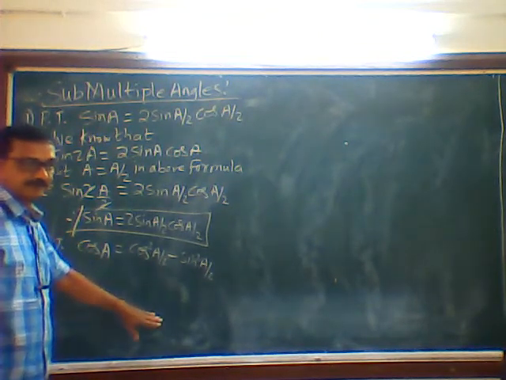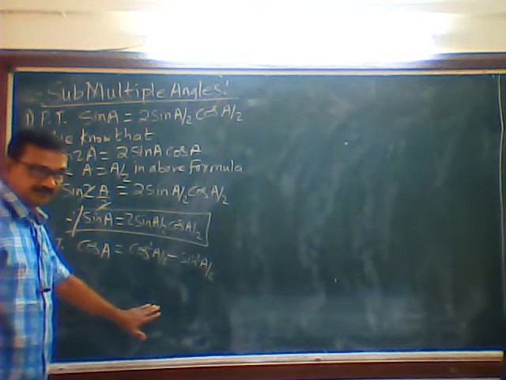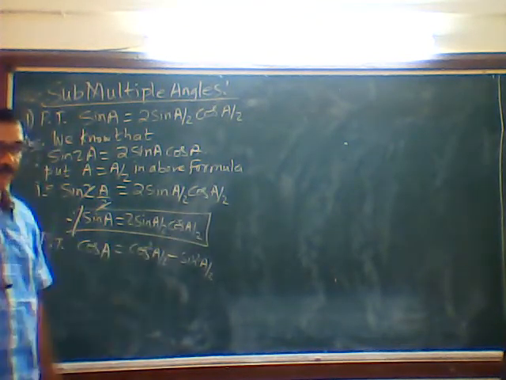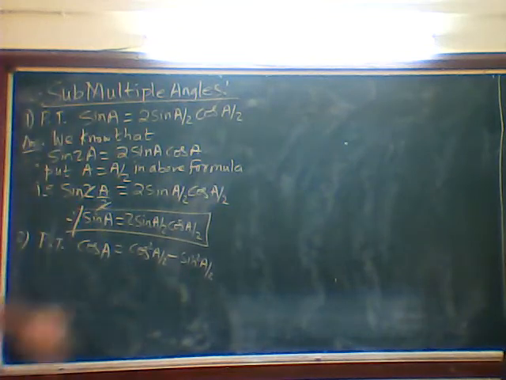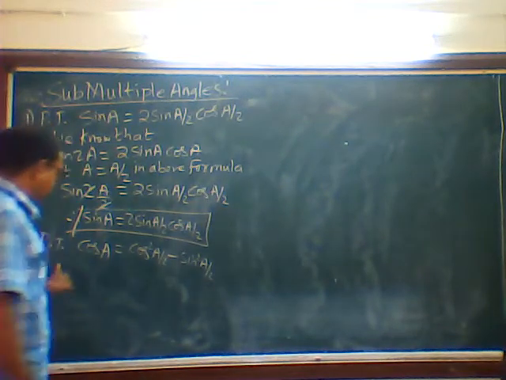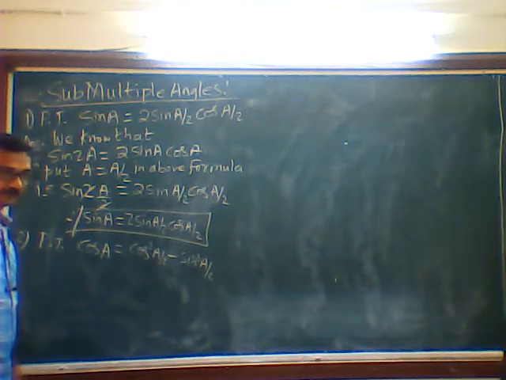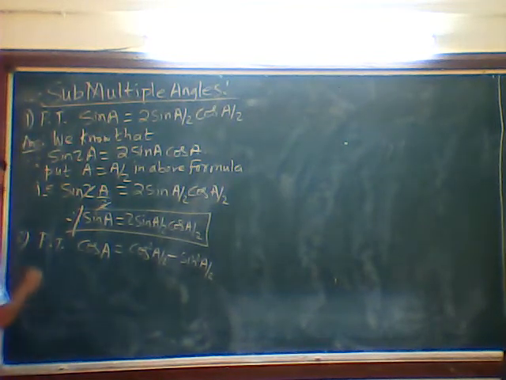Next formula will be derived in terms of only sin, and again next only in terms of cos. That way again I will get different formulas. That is what I have shown in the submultiple. Prove that cos A is equal to cos square A by 2 minus sin square A by 2. How to prove it? Answer.